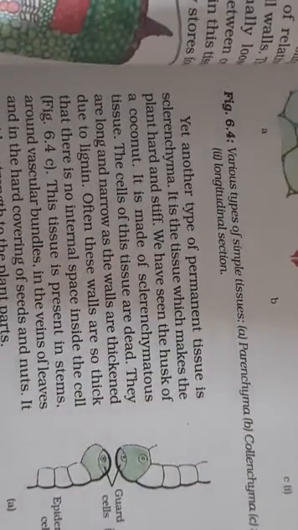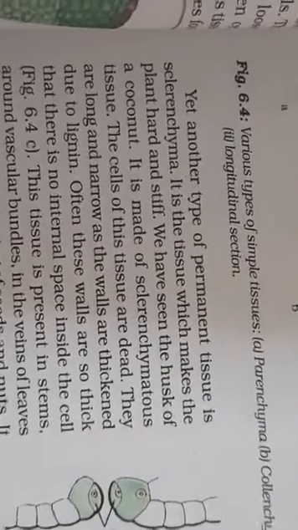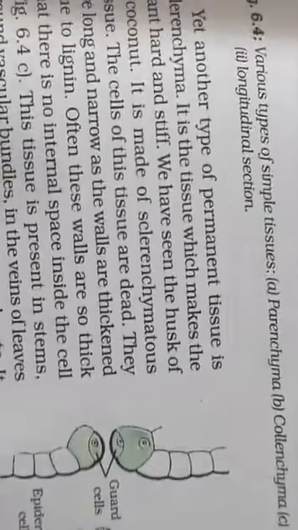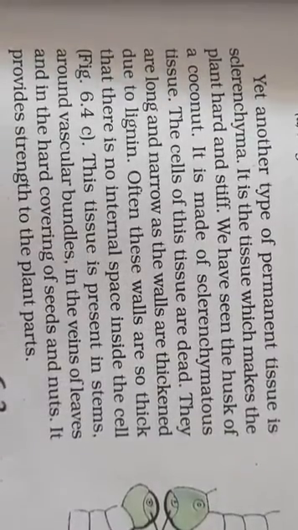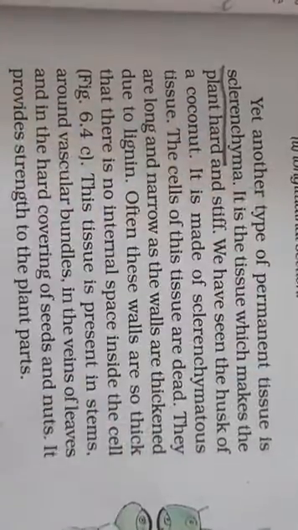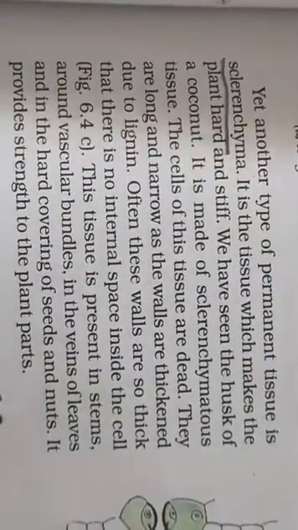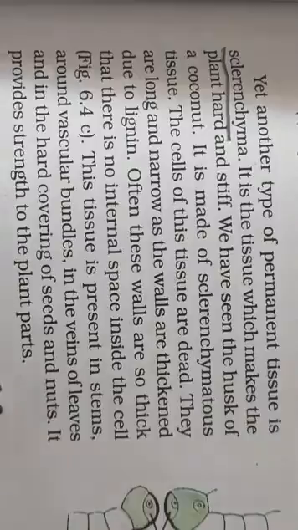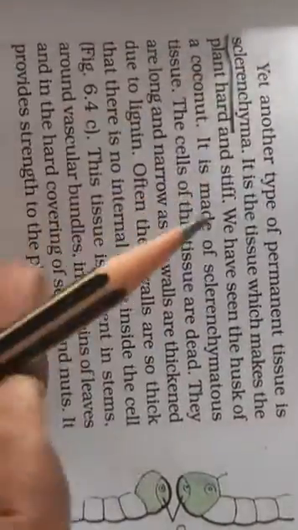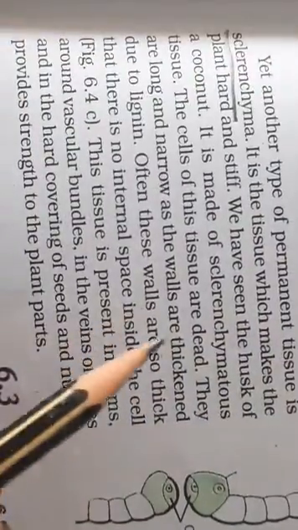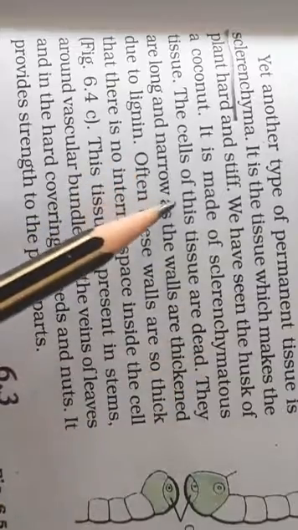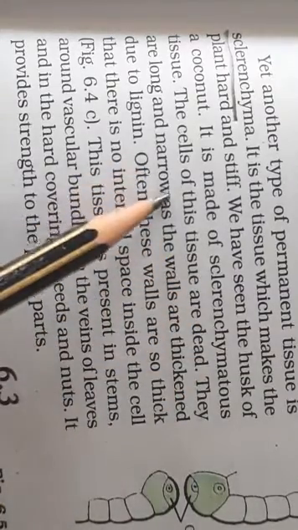Then there is another type of permanent tissue, the third type, which is called sclerenchyma. The sclerenchyma makes the plant very hard. For example, the husk of the coconut is made up of sclerenchymatous tissue.